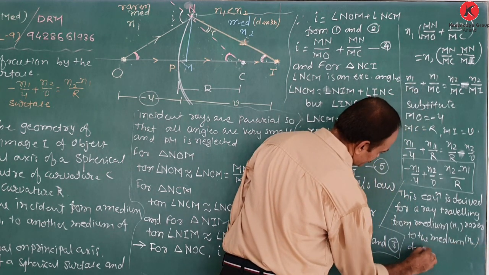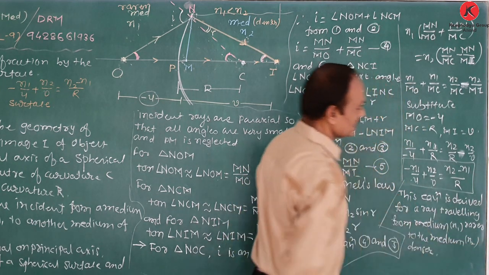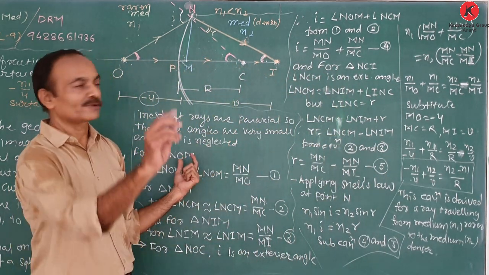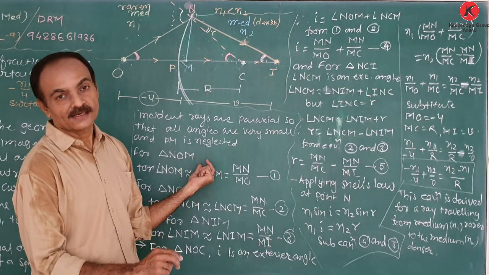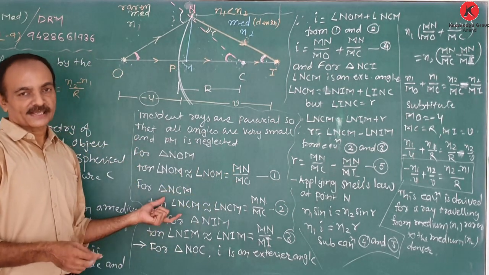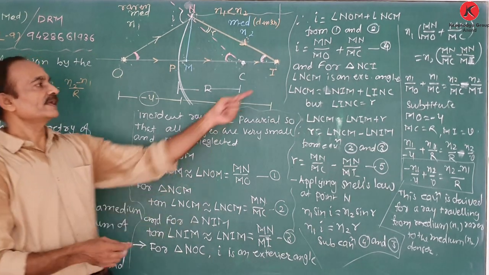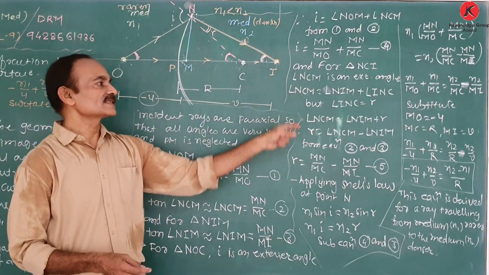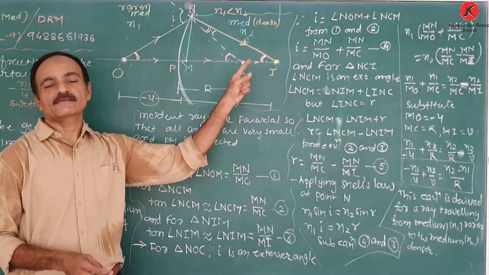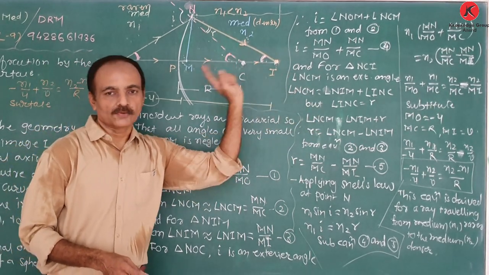This derivation is totally mathematical, so if you write it one or two times, you can get it. Here the angle is important, and we also have to use the concept of the exterior angle and substitute the values of i and r in the equation of Snell's law.